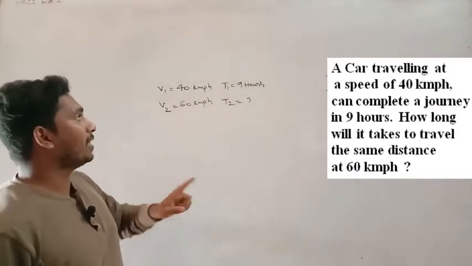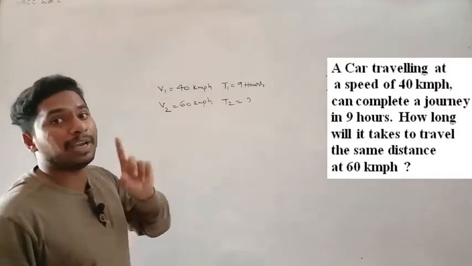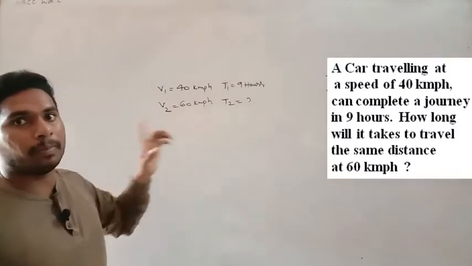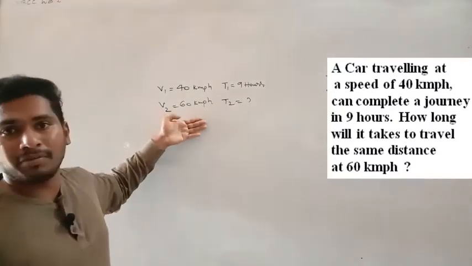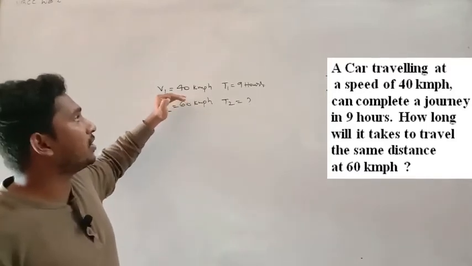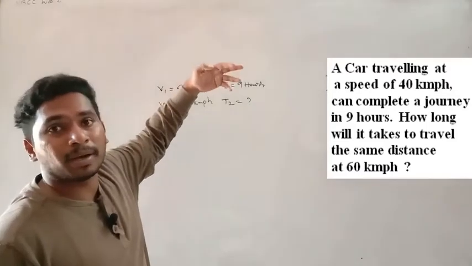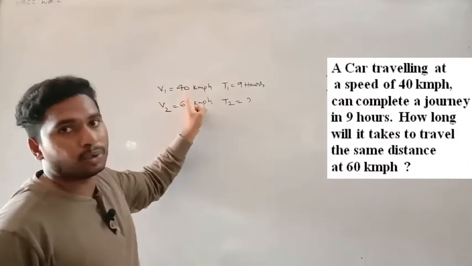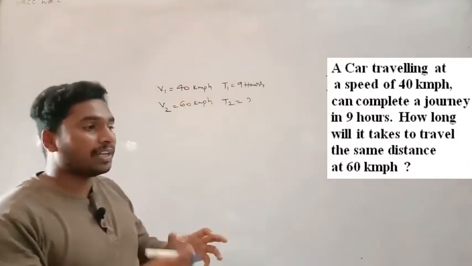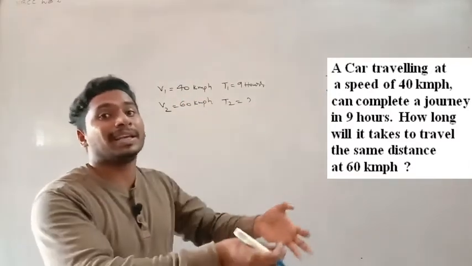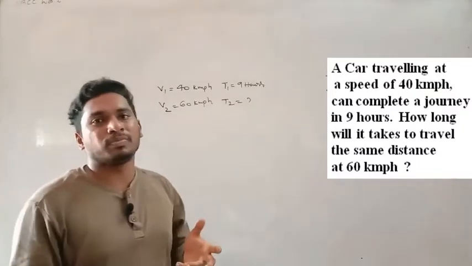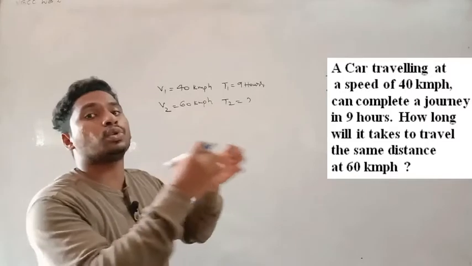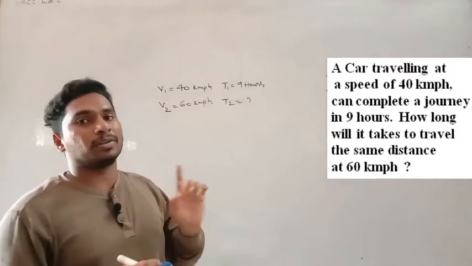But if the velocity is increased by 20 km/h, sometimes in the question they don't directly give the v2. If the velocity is increased by 20 km/h, you have to add that to v1. If the velocity is decreased by 10 km/h, you have to subtract it. Increased to and increased by are both very important.